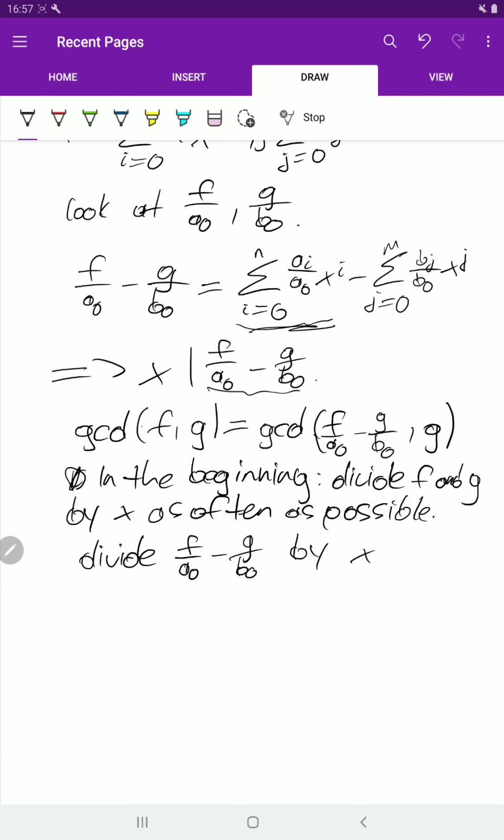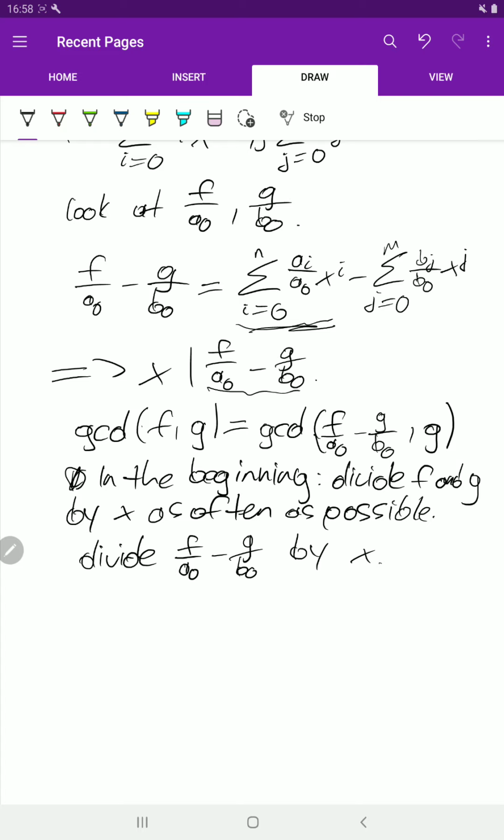And so obviously this leaves the greatest common divisor unchanged, if we assume that our polynomials are coprime to x, as we have already divided by x as often as possible.